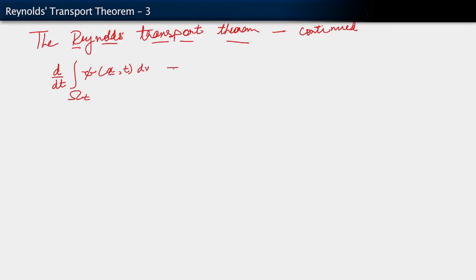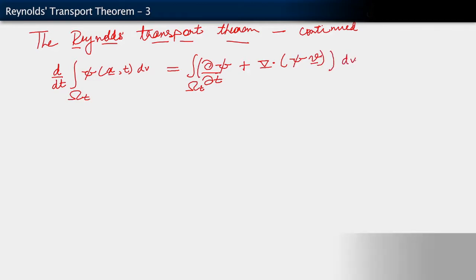And what we are seeing is that it can always be written as an integral over omega t of the proper partial time derivative of psi, plus the divergence of psi v, where v is the spatial velocity. We've seen how this works out in the case of psi being a scalar.